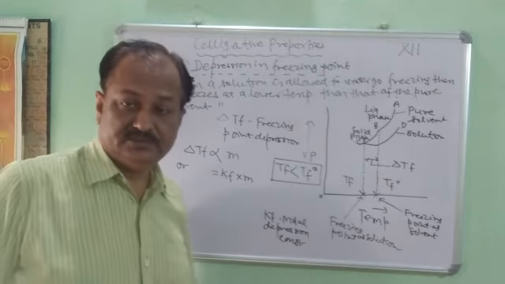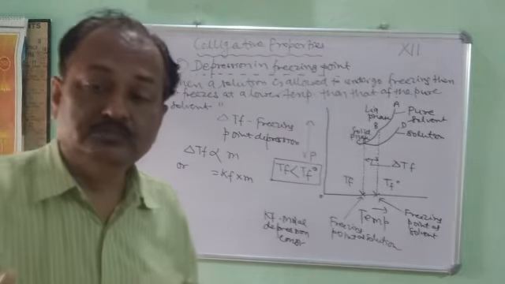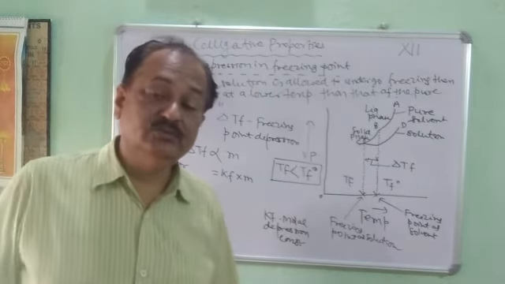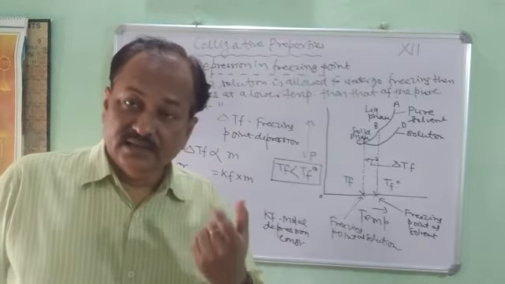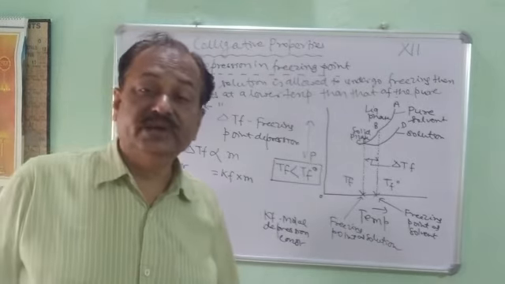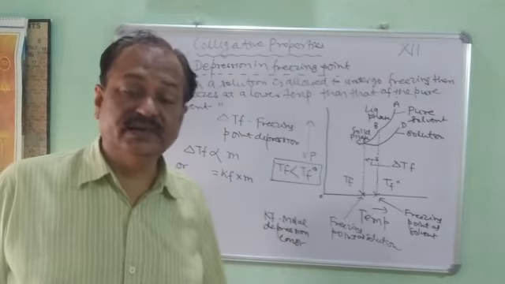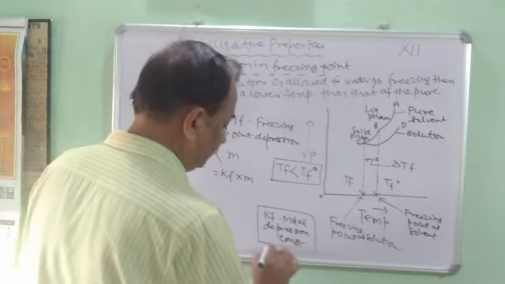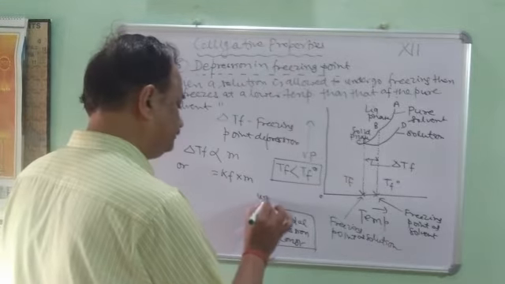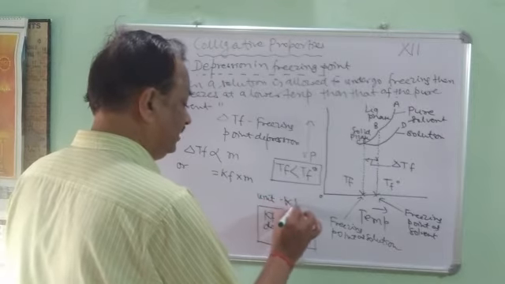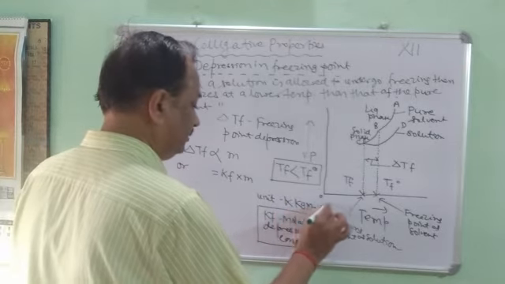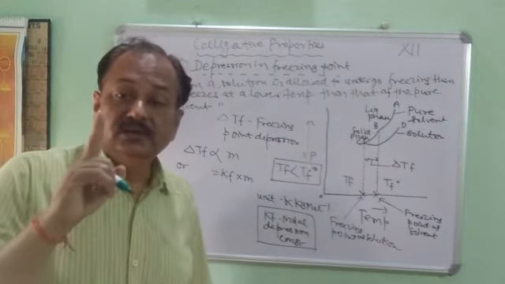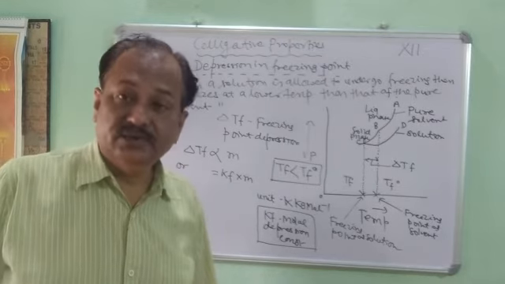Molal relates to the molality. When the solution has a strength of 1 molal, the depression in the freezing point which is experienced is called the molal depression constant. Again, the unit is Kelvin kg per mole.